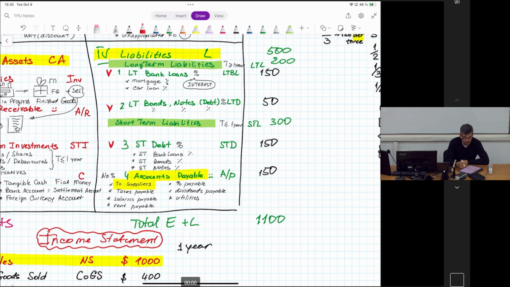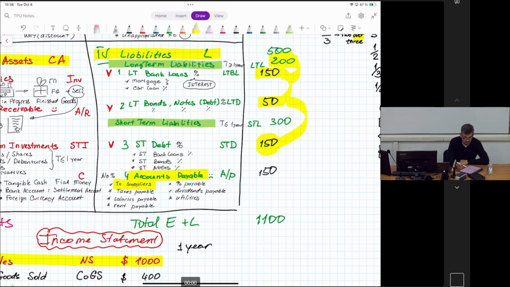Interest-bearing means those for which you have to pay interest. So we take long-term bank loans 150 and long-term bonds 50, which comprise the 200. But out of the 300 of short-term liabilities, we need only 150.